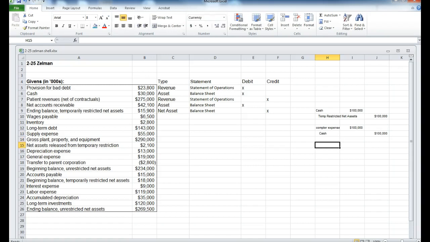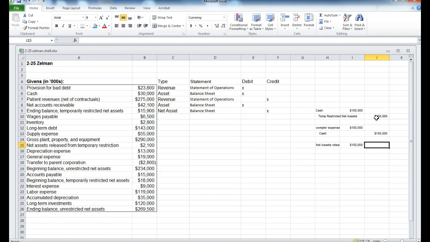But now we still have on the books this credit to temporary restricted net assets, so we need to get rid of that because we no longer have this temporary restricted net asset. So how we do that is we record income, or revenue rather, which we're going to call net assets released from temporary restriction. So that's going to be our revenue.